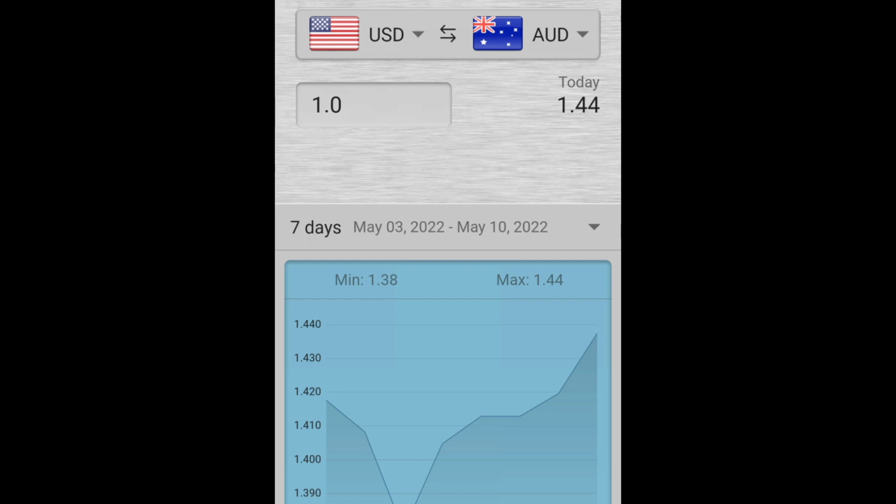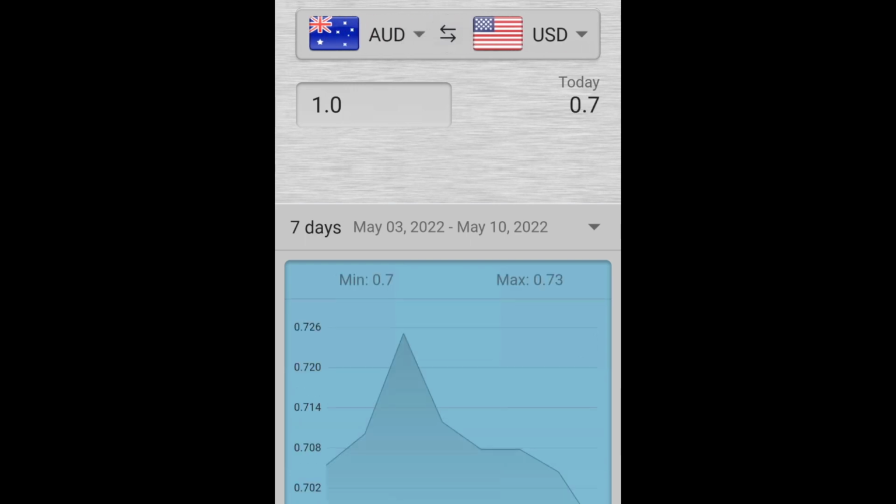If we interchange it to AUD to USD, we have this data. 1 Australian dollar is equivalent to 0.7 US dollar.